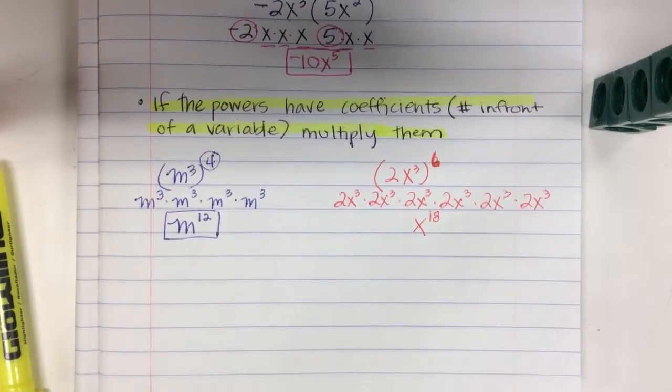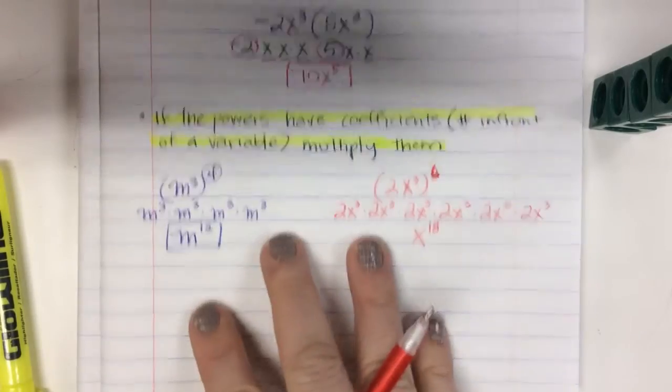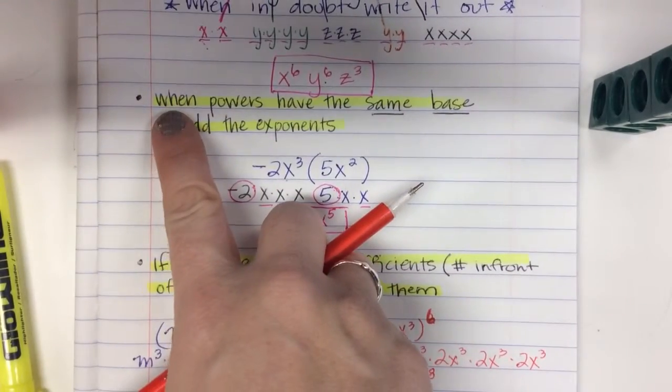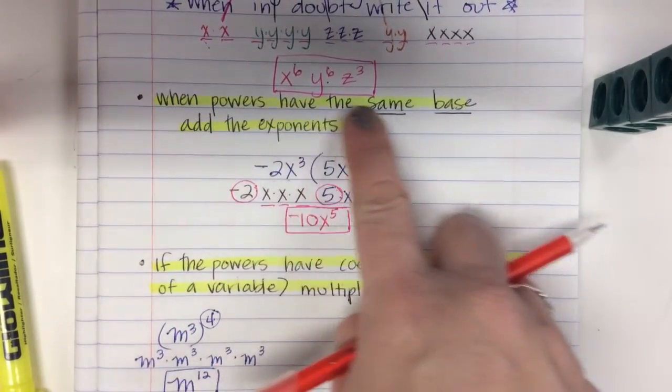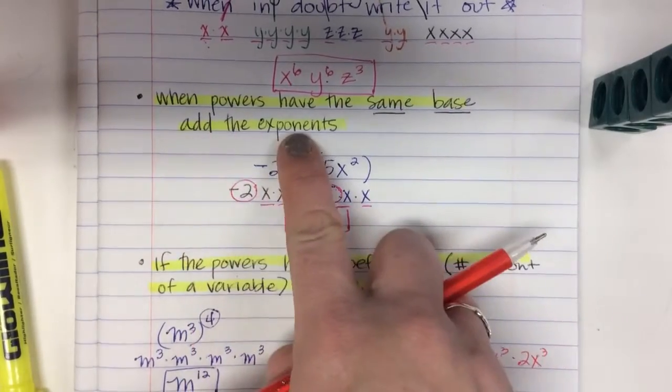However, we're not done because that is not my answer. The first rule we learned said when powers have the same base, add the exponents. We did that.